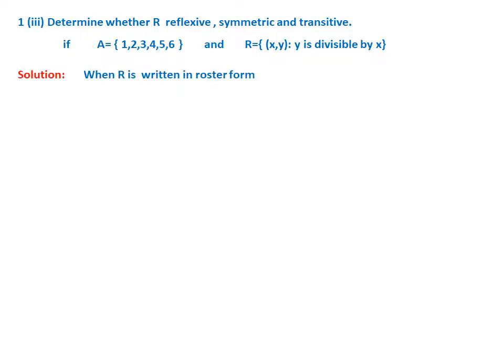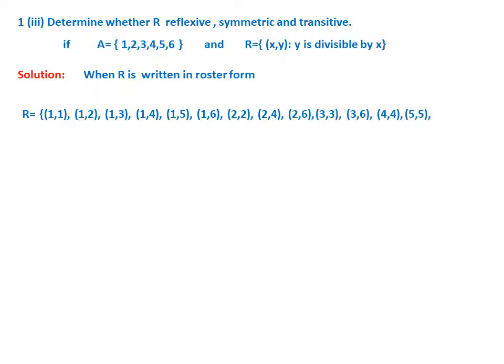Whenever this rule method is given for deciding reflexive, symmetric, transitive etc., if the set is finite, it is always better to write the elements, say (1, 1), (1, 2), (1, 3), (1, 4), (1, 5). So using the definition, this is the set, because the condition is y is divisible by x, that means 2 is divisible by 1, 4 is divisible by 2, like that.